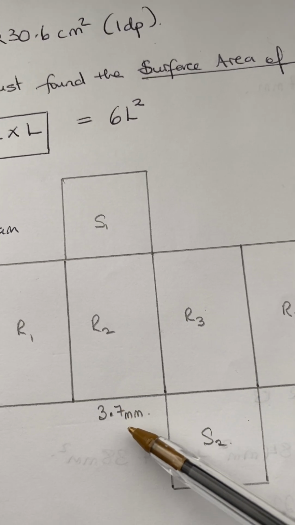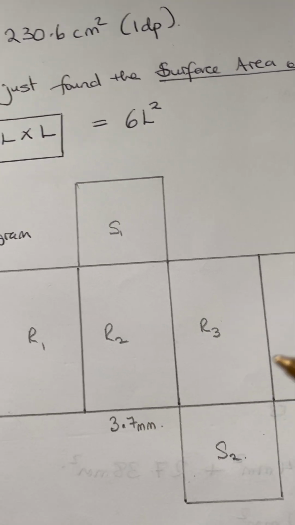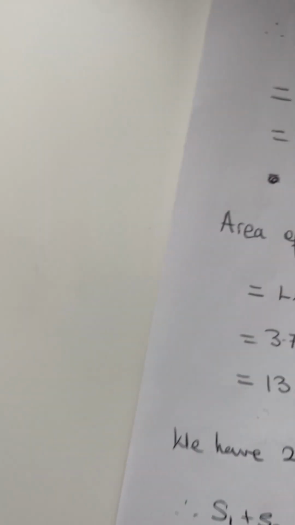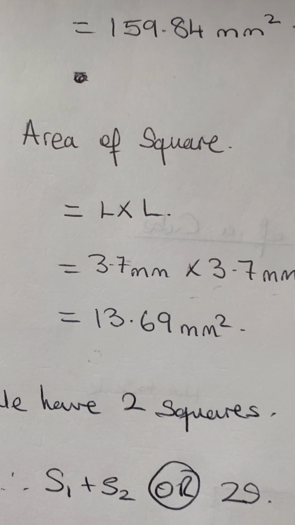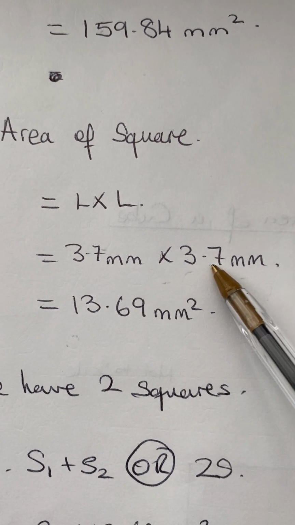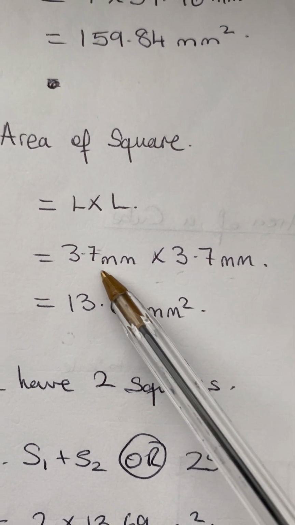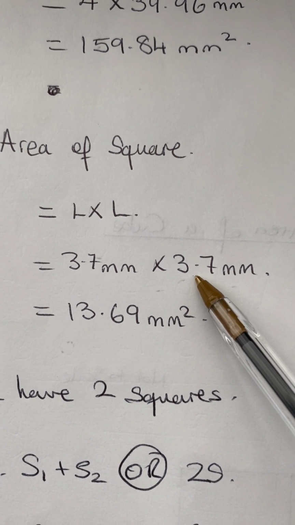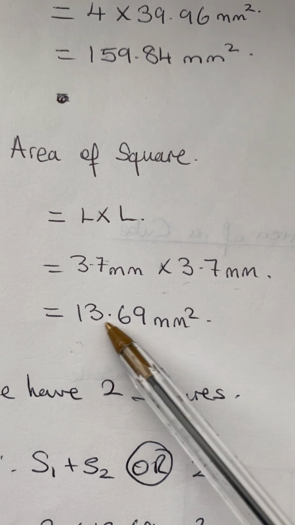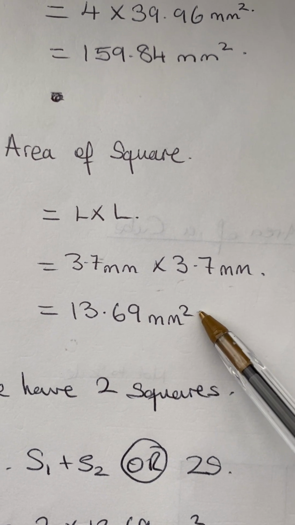So 3.7 millimeters times 3.7 millimeters finds the area of the square, because the square has 4 equal sides. So 3.7 times 3.7 gives us 13.69 millimeters squared.